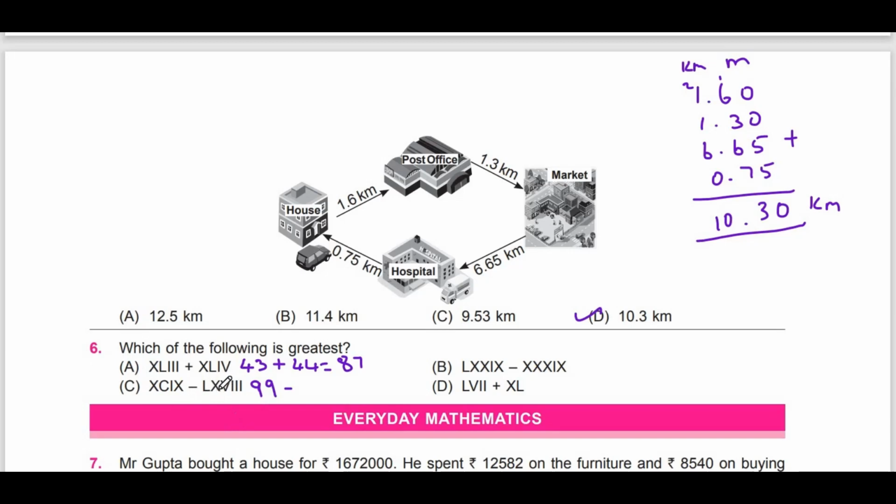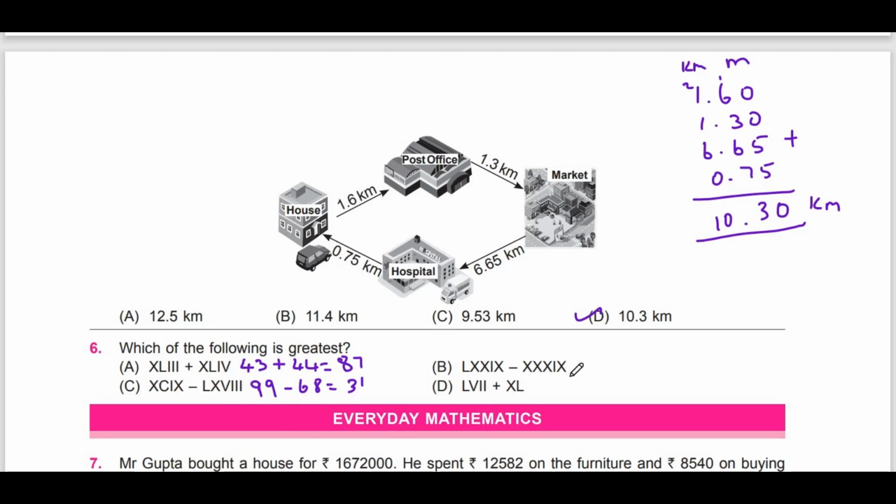L is 50, X is 10, which is 60. And this is 8. So LX, that is 68. So now let's subtract these two. So 99 minus 68. So 9 minus 8 is 1 and 9 minus 6 is 3. So we have 31 here. So we have got two answers.